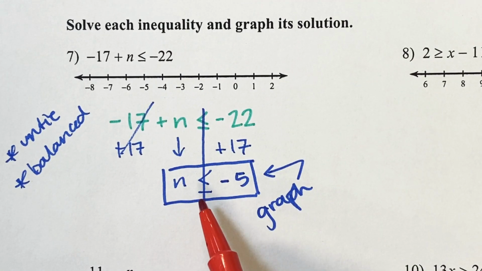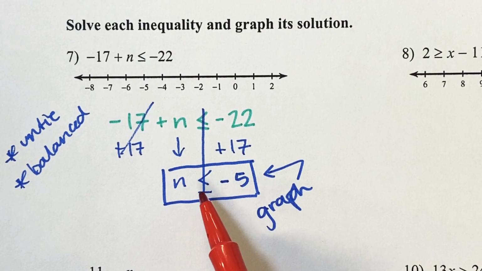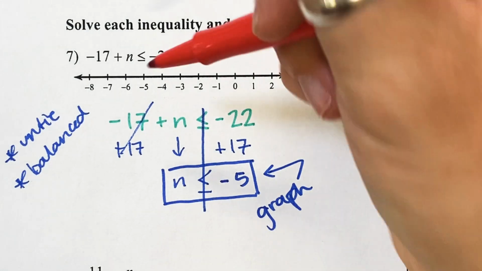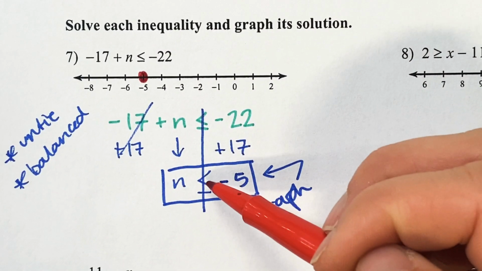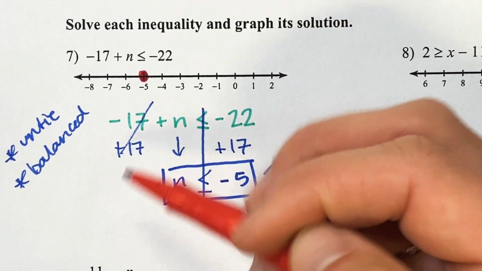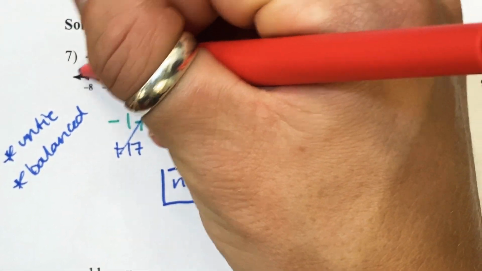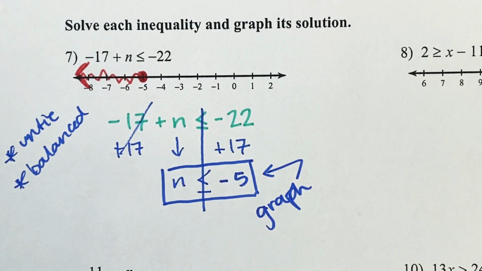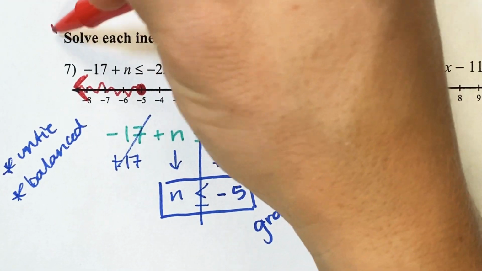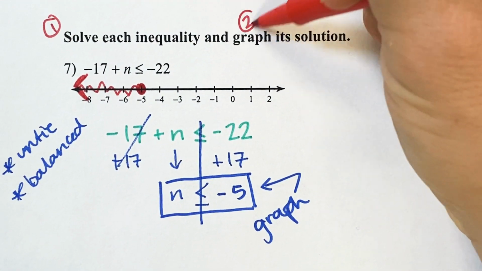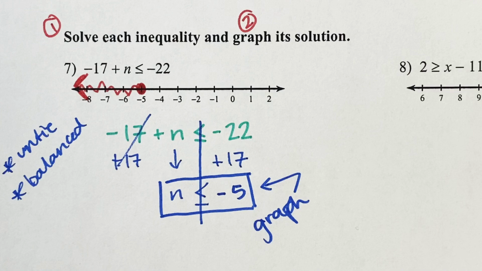It's going to be a closed dot because it's less than or equal to, so closed point at -5. Okay, the little arrow points that way, so we're going to shade our arrow that way. And we did it. Okay, 2 things we have to do on these problems, right? 1 is solve, 2 is graph.